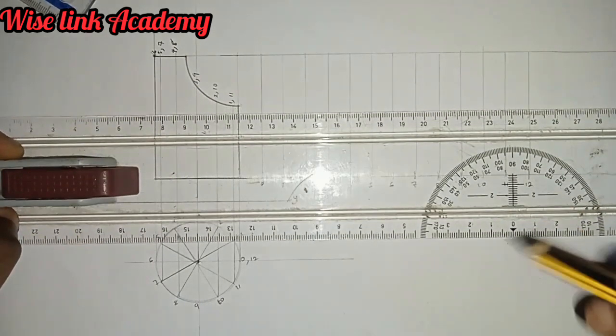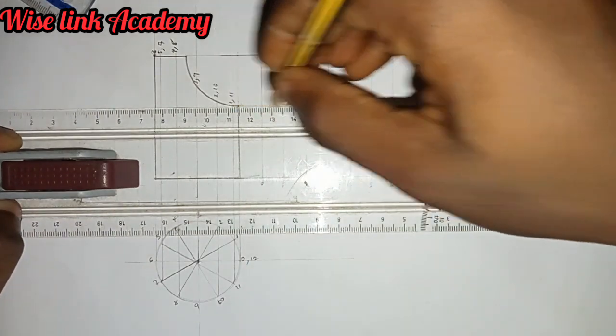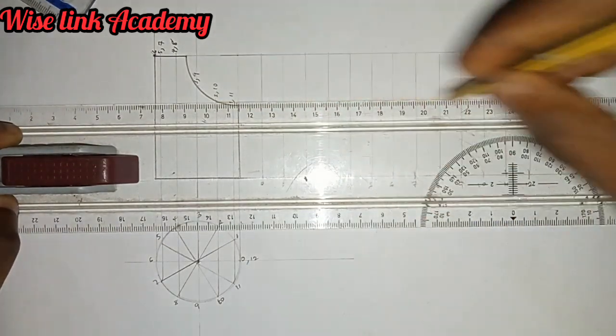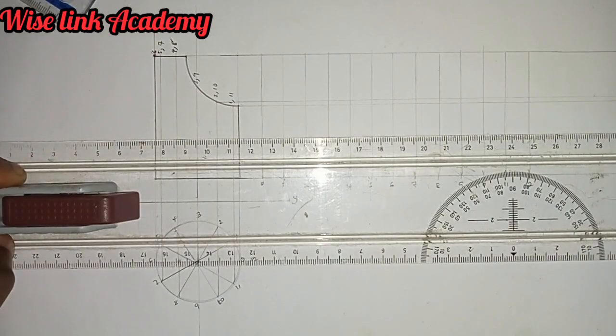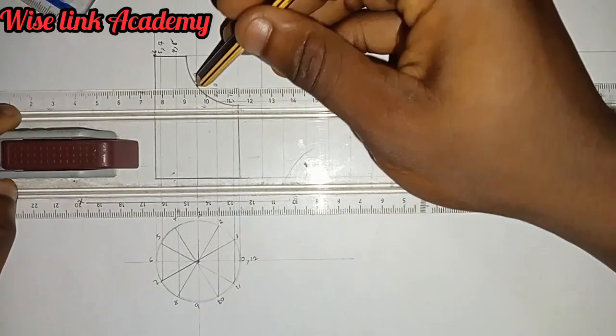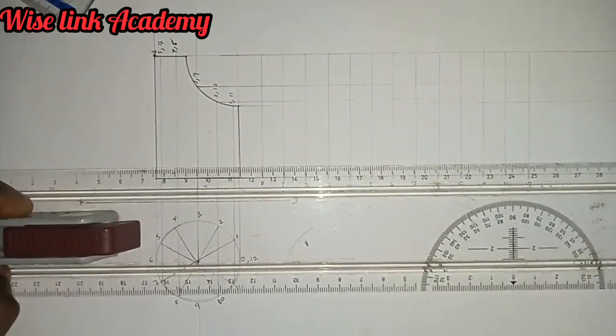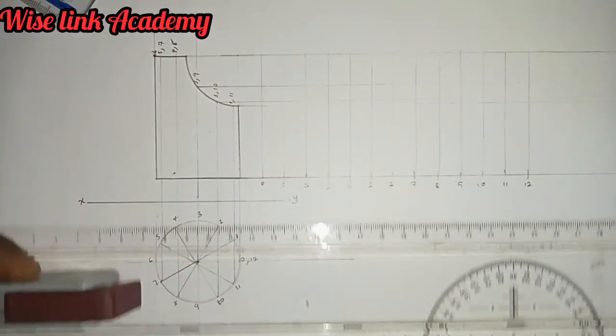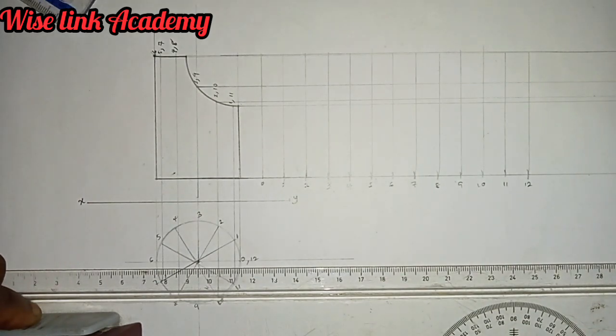You can see. Just take from this one, draw it like this. Come to this one like this. As you can see what I'm doing. Come to this one here. And this one is up here. You can see it's very up.